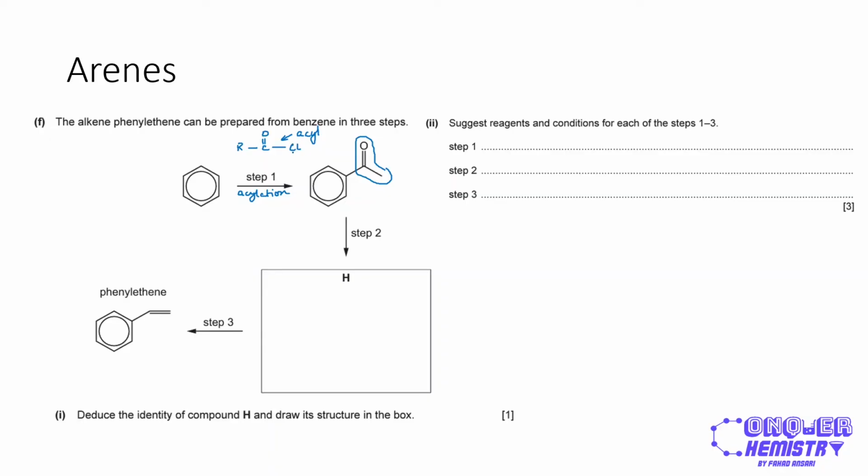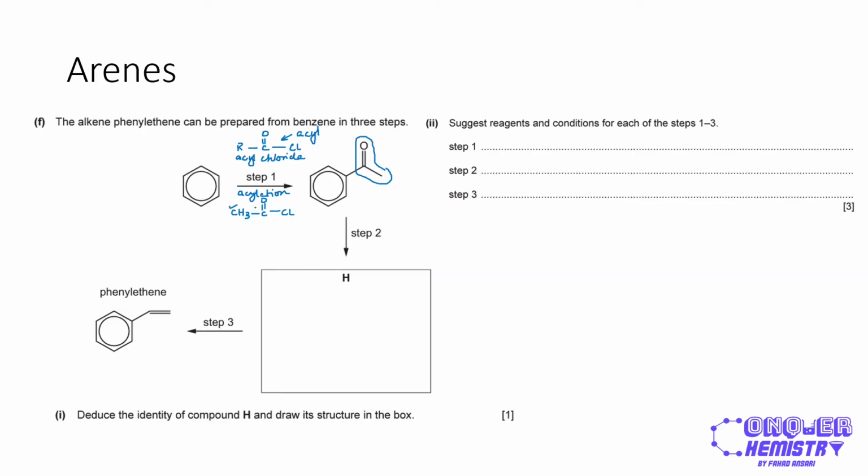Just like in alkylation, you needed an alkyl group bonded to chlorine. That's a chloroalkane. In this case, because you have a chlorine bonded to an acyl group, you call this an acyl chloride. We will look at acyl chlorides in much more detail later in the video. The acyl chloride has a CH3, C double bond O, Cl.